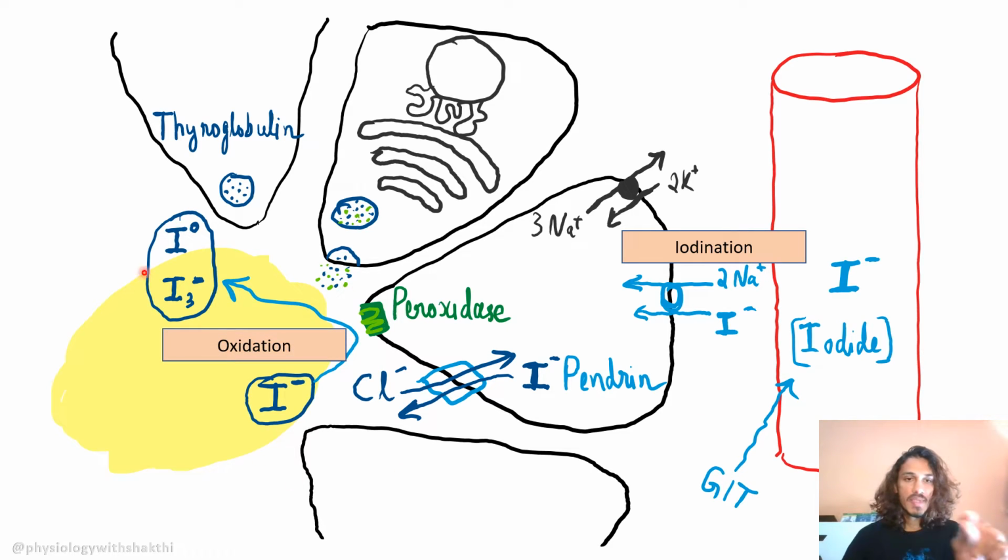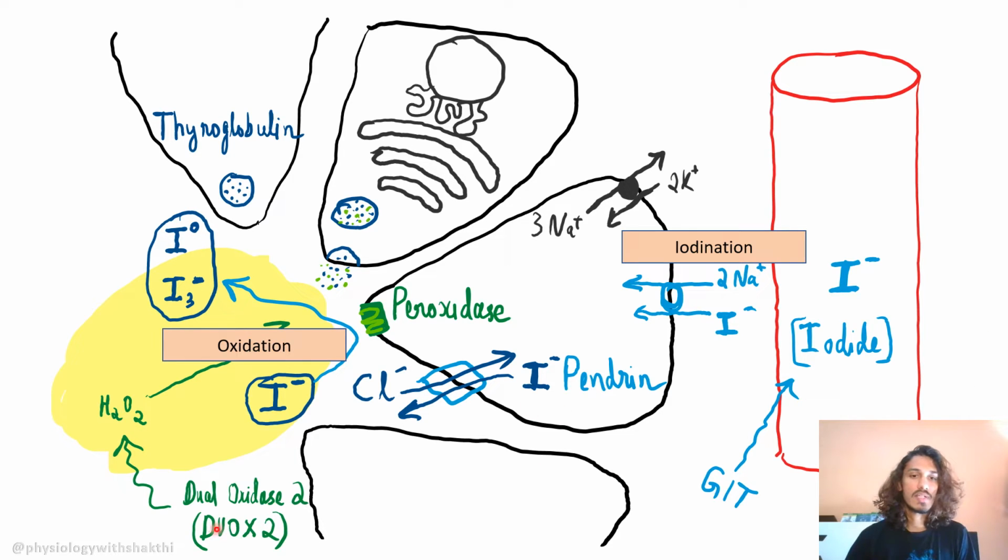This step is oxidation, and as I mentioned earlier, it requires peroxide. This peroxide is provided by another enzyme, dual oxidase 2. So after iodide is trapped, it goes out through the Pendrin and is oxidized by peroxidase. This step is oxidation, which requires peroxide, provided by dual oxidase 2.